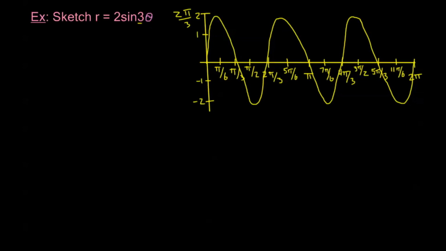Now let's take a look at what we're going to get when we start to graph this out. So let me draw my polar axis down here. Let's make that a straight line. Here's my polar axis. I need to measure out 1, 2.